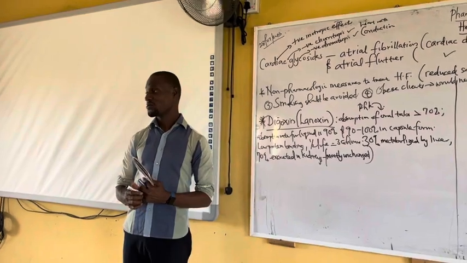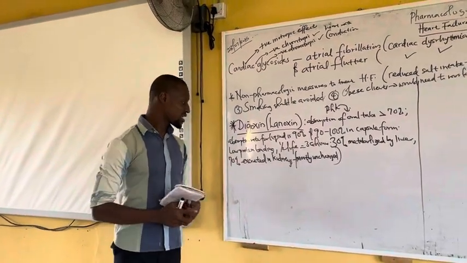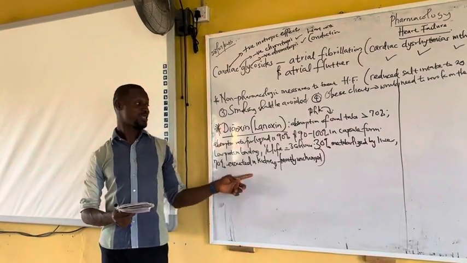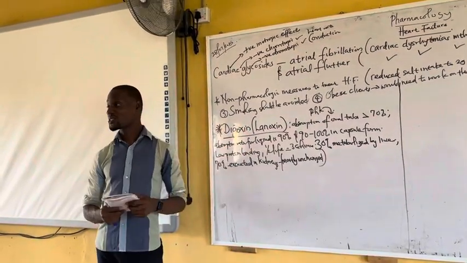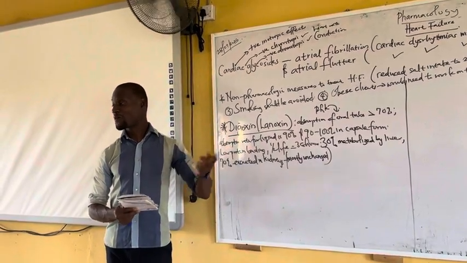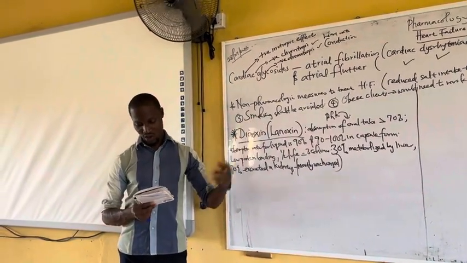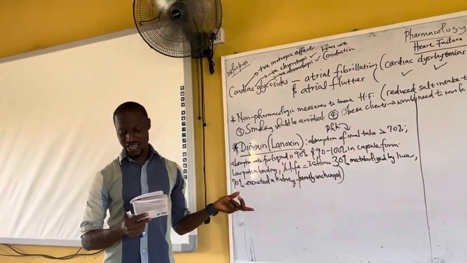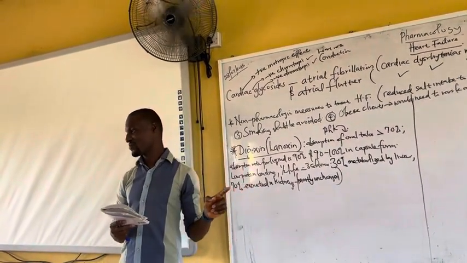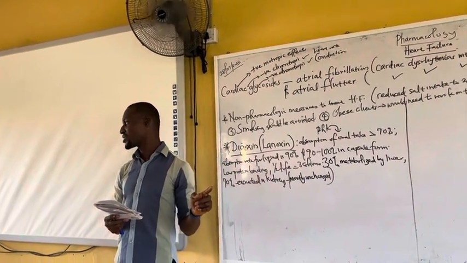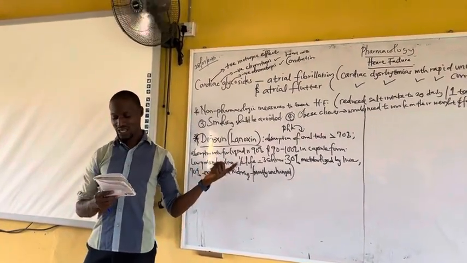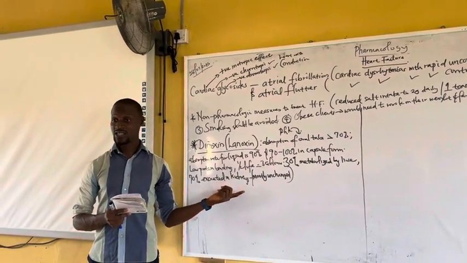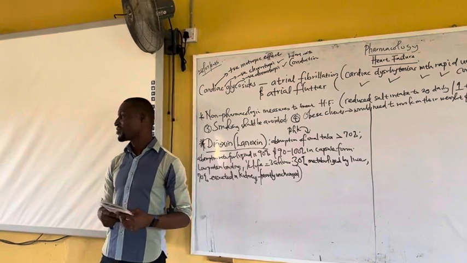So, kidney dysfunction can affect the excretion of digoxin, whereas thyroid dysfunction can affect the overall metabolism of cardiac glycosides. Those should be decreased in hypothyroidism and vice versa.